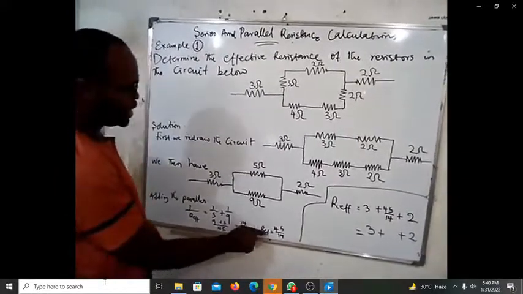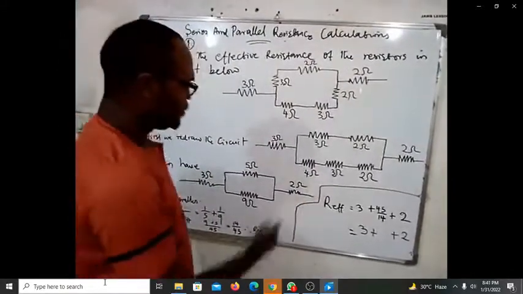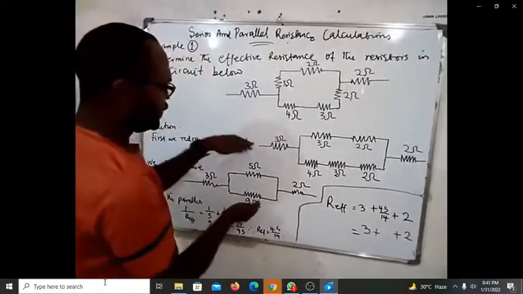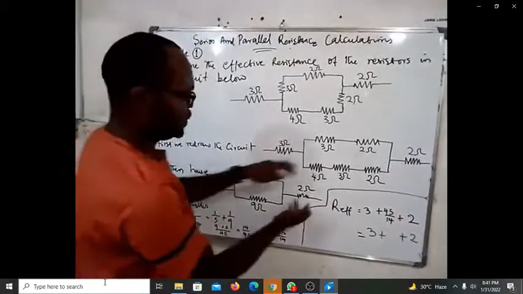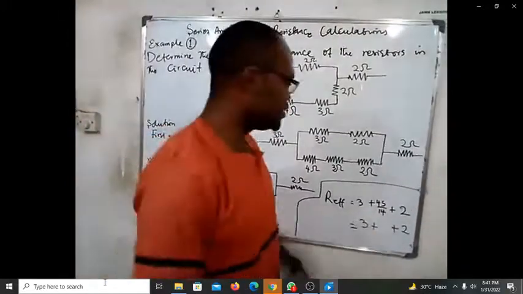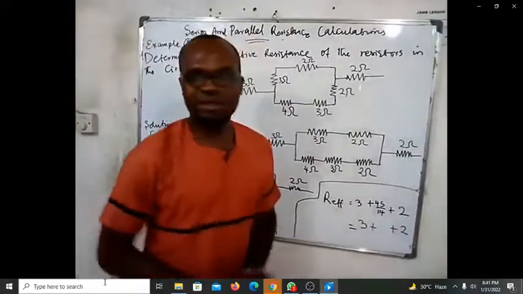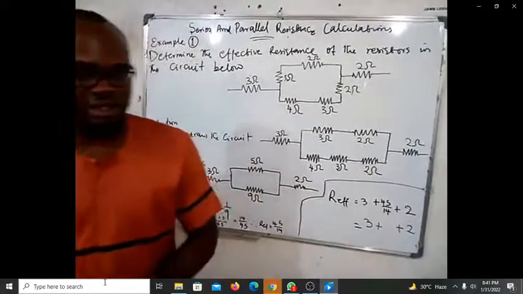Then take the reciprocal to get the effective resistance to be 45 over 14. So you now add up this 45 over 14 plus 3 ohms plus 2 ohms to give us the final effective resistance. So I would like somebody to give me the answer while we close for the day and start again later.